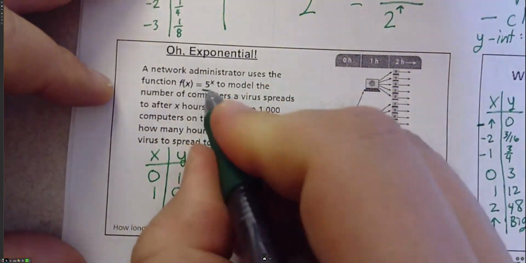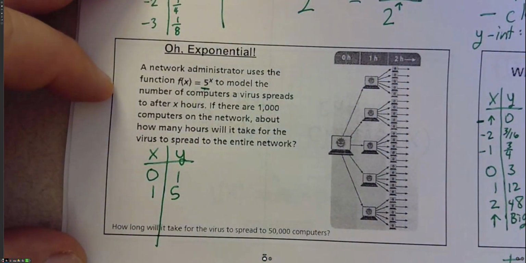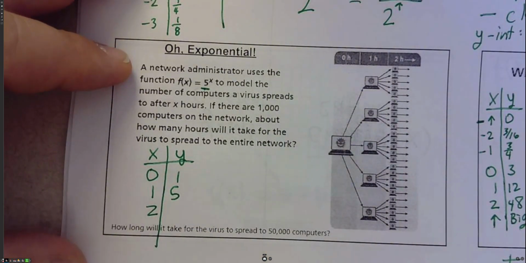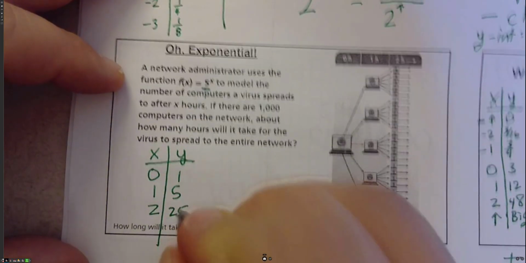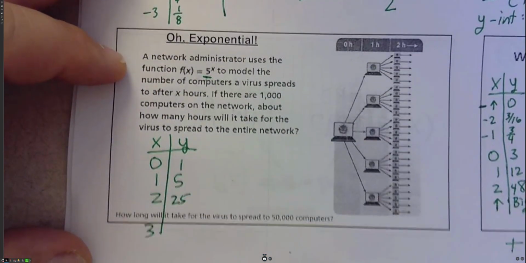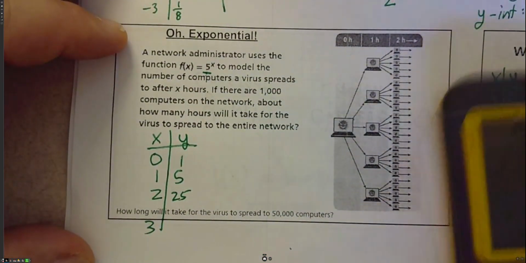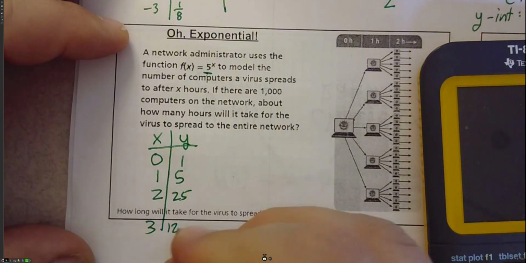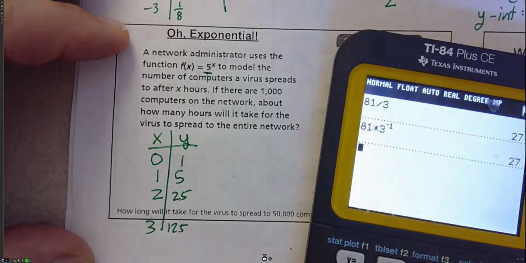And that comes from this number. We affect 1 person, then 5 people. And then after 2 hours, what are we multiplying by? 5. So what is 25? And at 3 hours, 25 times 5 is 125. And I don't know about you, but I now want to use my calculator.